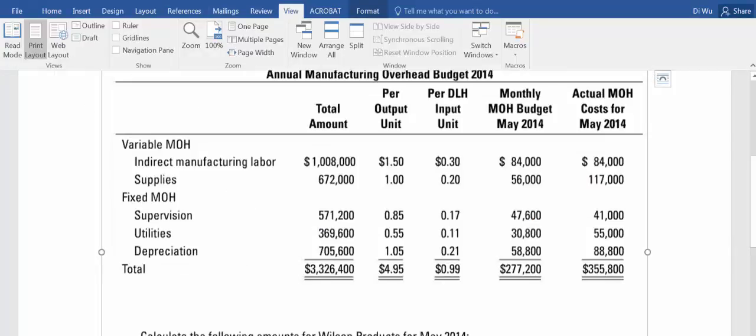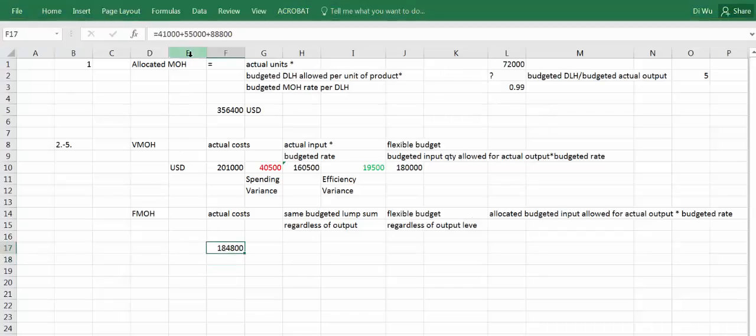Let me double check that, make sure the calculation is all right. So that's what we have: the actual fixed manufacturing overhead cost, which is 184,800.